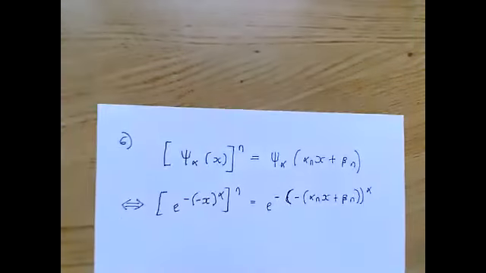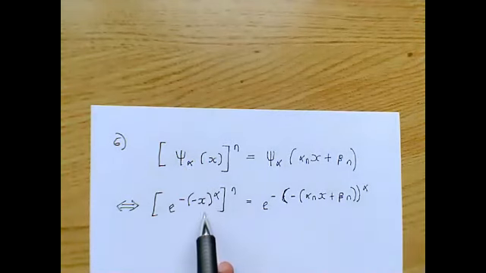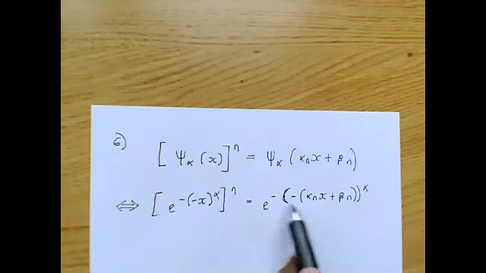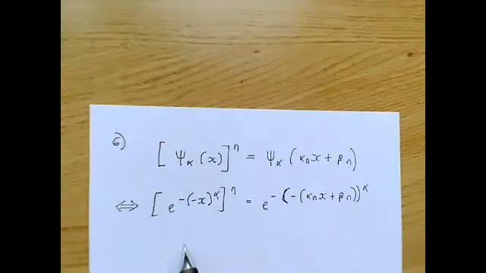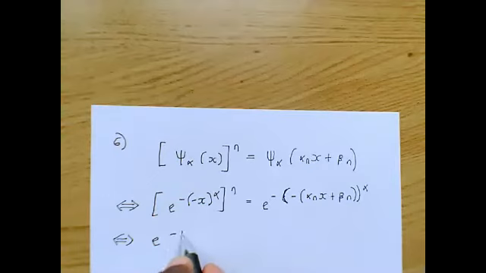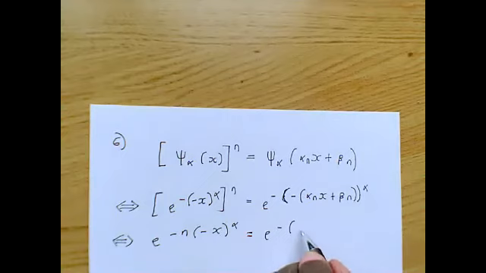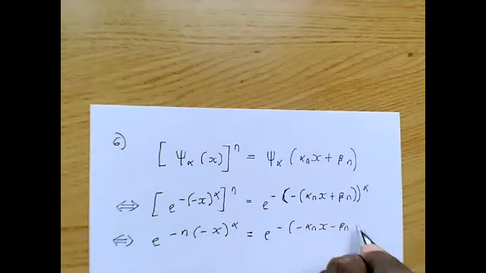This is the CDF of the Weibull distribution, right? So I just substituted the formula for the CDF of the Weibull on the left and the right. So this becomes like this.